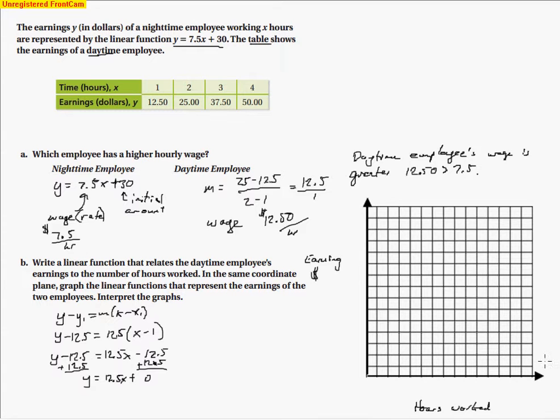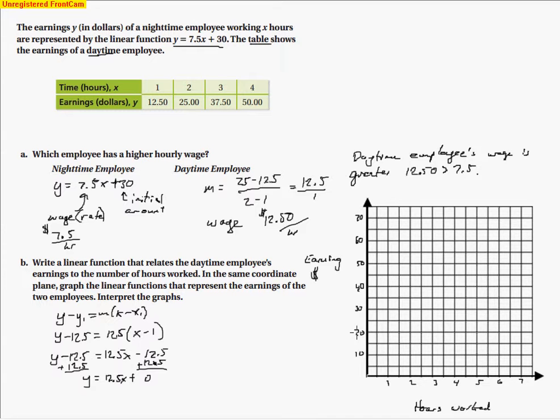To be able to fit it on our graph, let's go by ones going this way. So this is like a half hour. This is 1, 2, to kind of spread out the data a little bit. 4, 5, 6, and 7. And then going up, let's go by fives. And so that's 10, 20, 30, 40, 50, 60, 70.